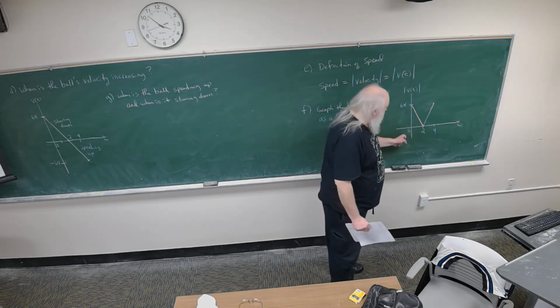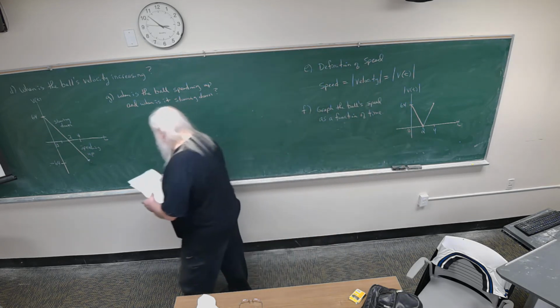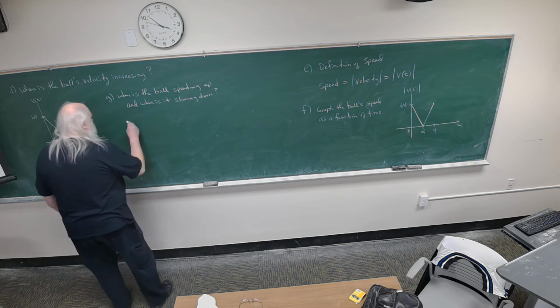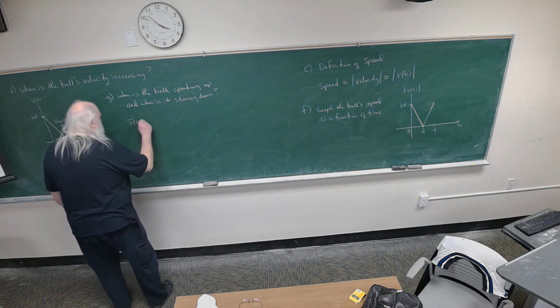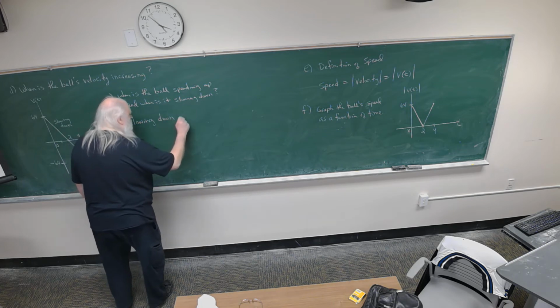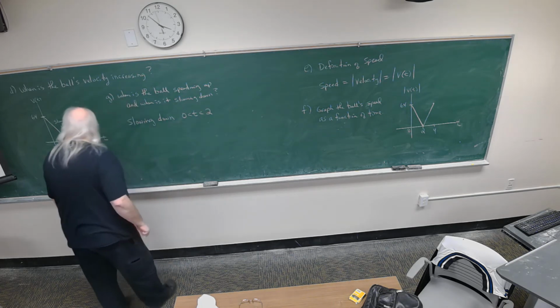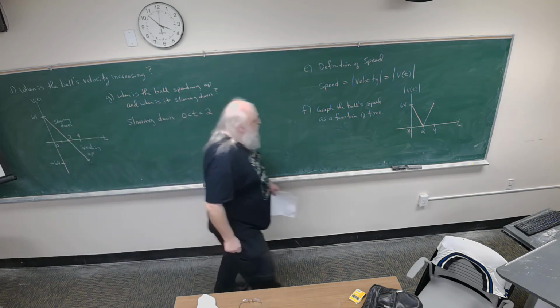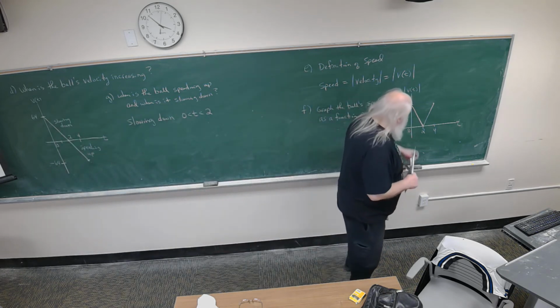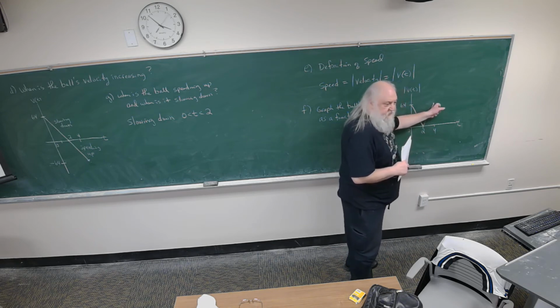So it's slowing down from t equals 0 to t equals 2. And when is it speeding up? Well, from t equals 2 to t equals 4, the speed goes from 0 to 64.